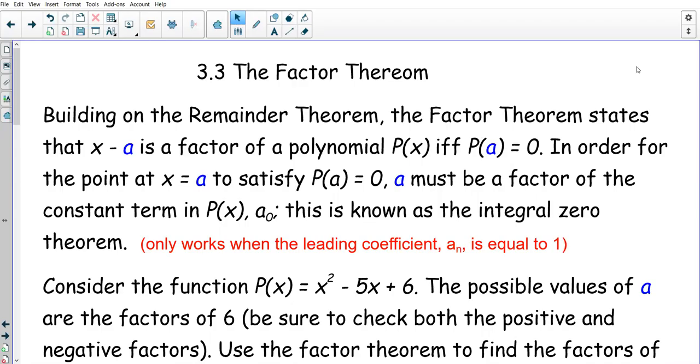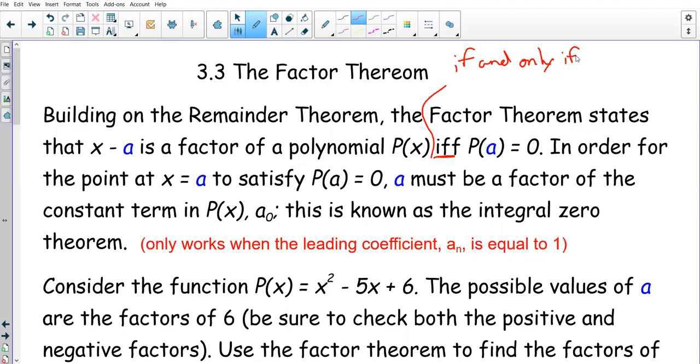And so if we pull that together, what we can say is that the factor theorem tells us that x minus a is a factor of a polynomial p of x if and only if p of a is equal to 0. Now, if you haven't seen this before, iff is if and only if.